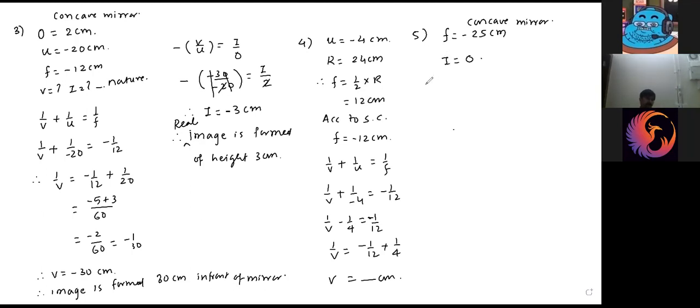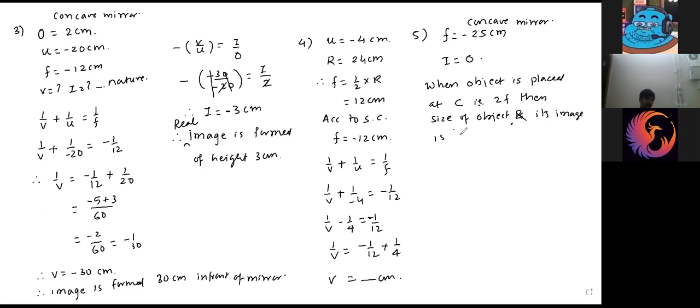So we know that given object is placed at C, that is twice the focal length, then size of object and its image is same. मतलब क्या होगा?